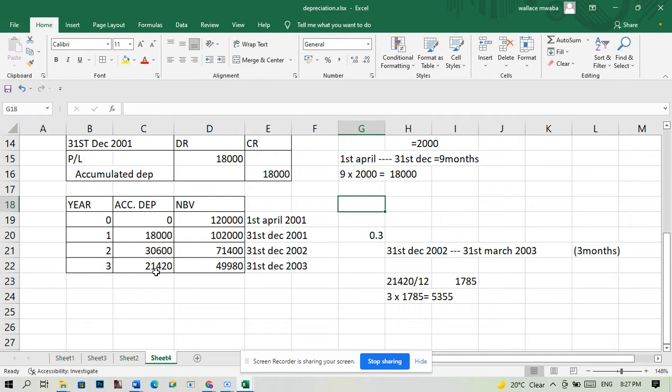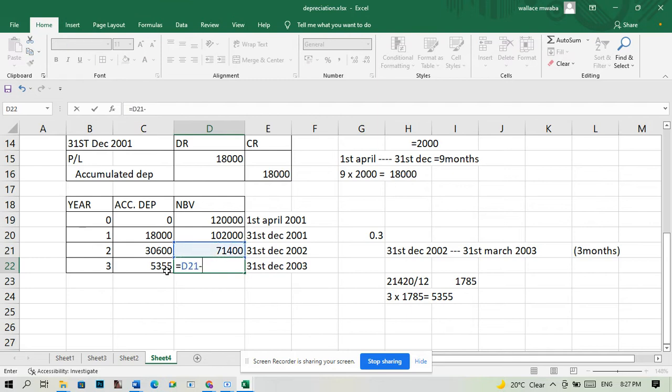So what we're going to do here is add 5,355, because we want to get the net book value. 71,400 minus 5,355 gives the net book value when the machine was sold, 66,045.